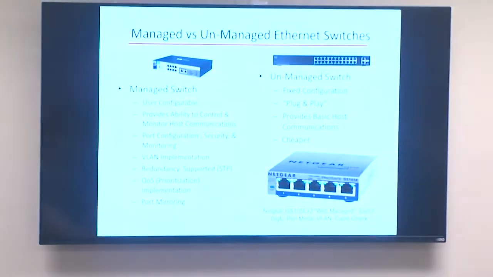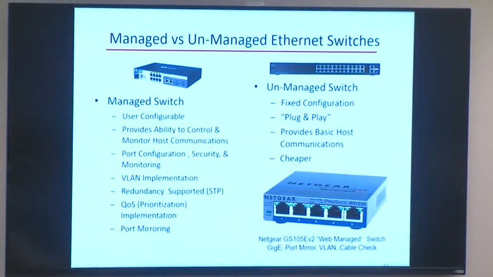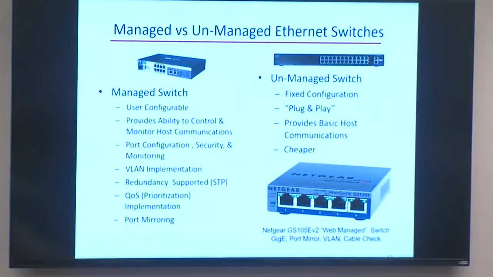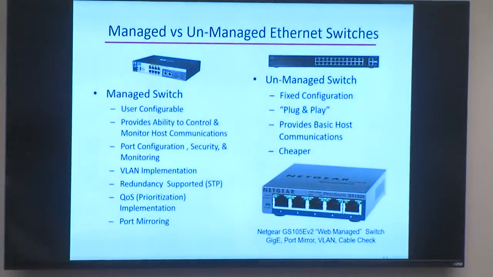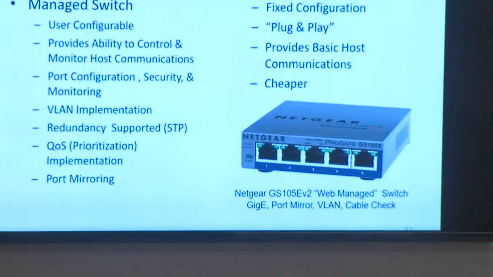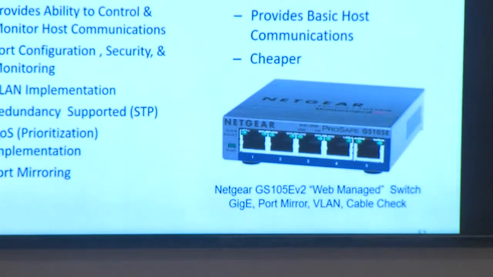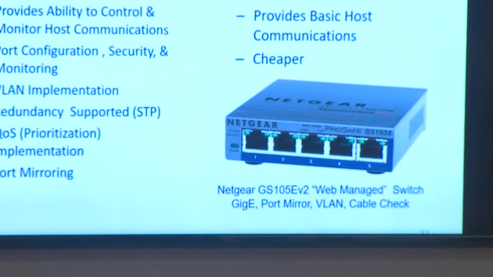It used to be really distinct categories. You could tell by the price: I know that's an unmanaged switch because of the cost of it. There's a series of switch, specific by the model number, referred to as a web-managed switch, and this particularly is a Netgear one, and that's a term they use, that is somewhere in between. So it muddies up the water to make that distinction. Particularly, it's gigabit capable.